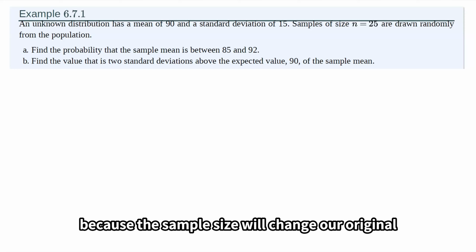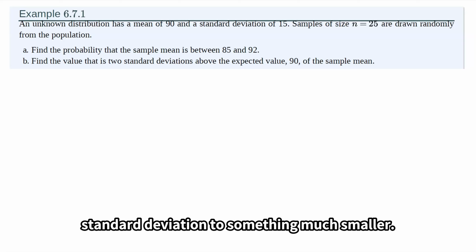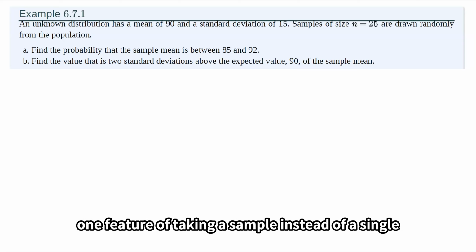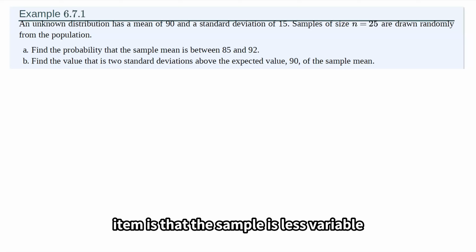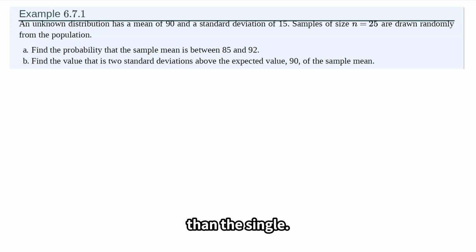And this is important because the sample size will change our original standard deviation to something much smaller. One feature of taking a sample instead of a single item is that the sample is less variable than the single.